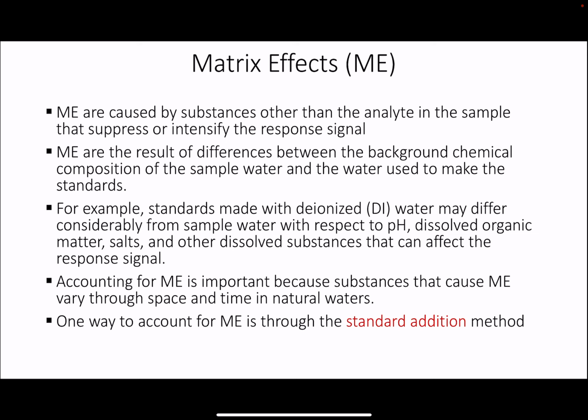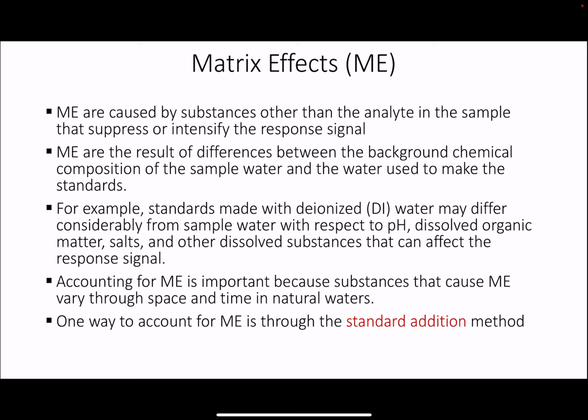So the matrix effects, like I just said, they're caused by substances other than the analyte, other than whatever it is you're trying to measure, and they can either suppress the signal or intensify the signal. So accounting for matrix effects is really important because they can vary through space and time in natural waters, whatever it is that's giving you the matrix effect.